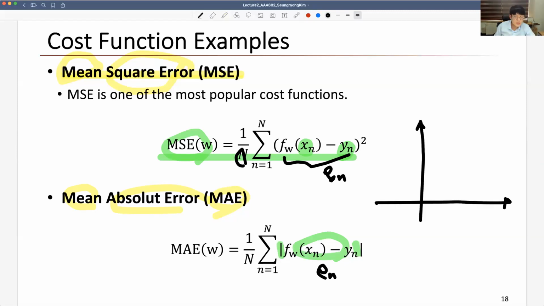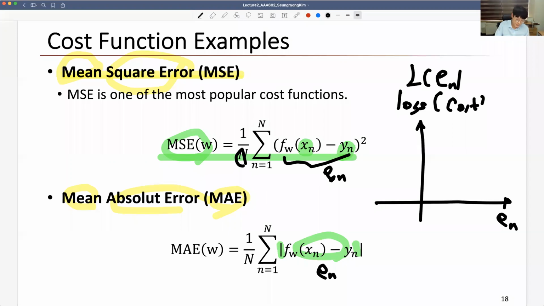Then we can draw these two kinds of cost function here. First of all, let's think about the error en as the x-axis, and loss or cost as the y-axis, right? So, for example, some kind of function with respect to the error.